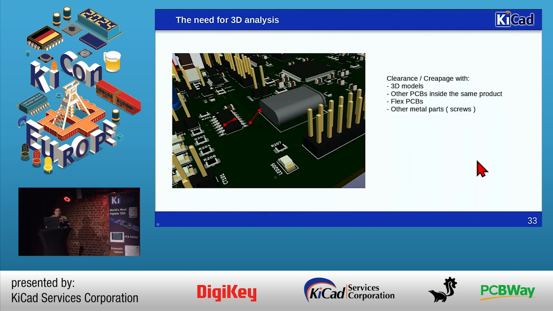So, as I said, KiCad is mainly a 2D tool. We have a 3D viewer, but we might want to make some checks in 3D. For instance, making sure that we have the correct creepage from this one to this one, from the pads, because the arc can go over the components.